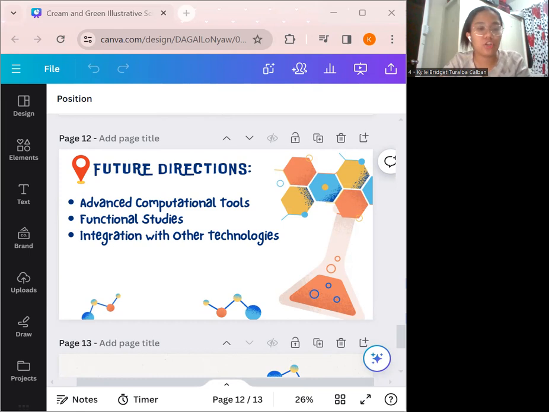And lastly is integration with other technologies. Integrating CMA with advanced genetic technologies like whole exome sequencing can provide a comprehensive genetic profile, revolutionizing genetic diagnosis and personalized medicine strategies.